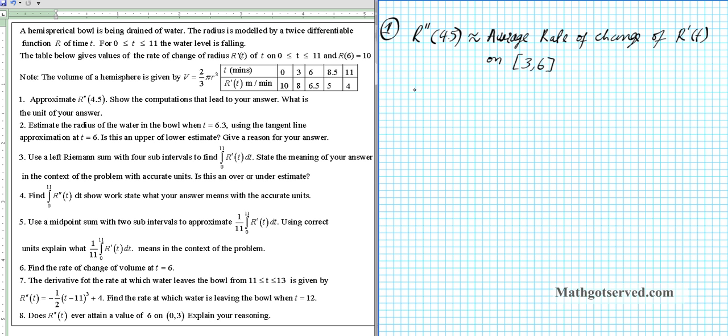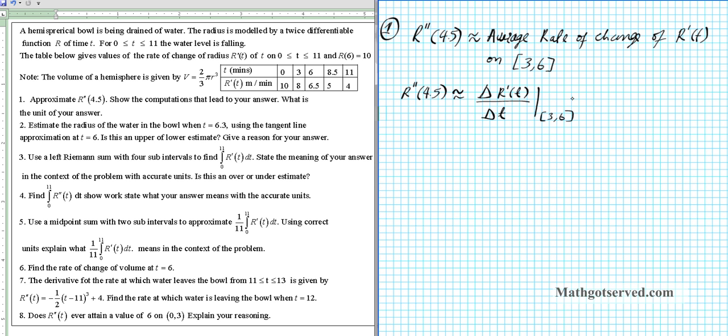So r double prime of 4.5 can be approximated using delta r prime of t over delta t. This is the average rate of change in symbolic form from 3 to 6.